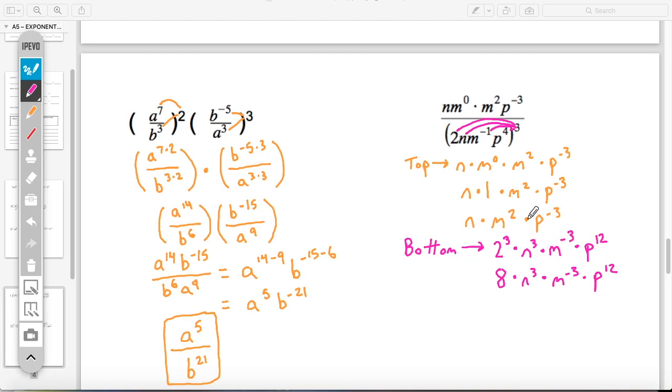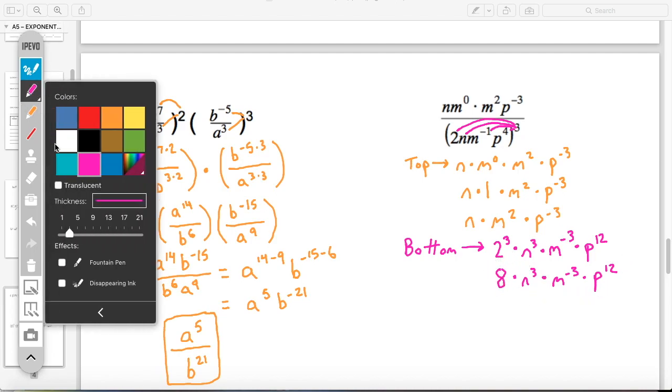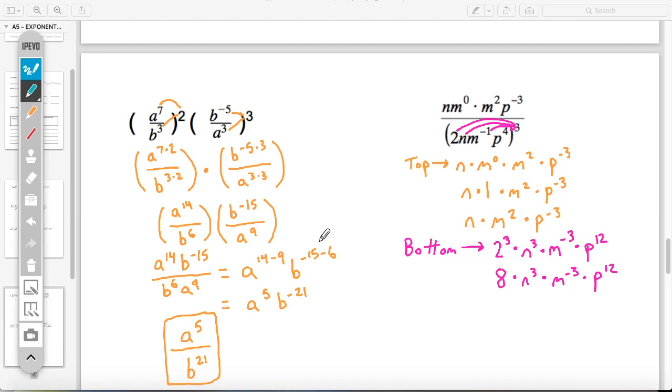Okay? So now I have my top simplified, and I have my bottom simplified. So I'll just rewrite everything. So I have n times m squared times p to the negative 3, all divided by 8 times n cubed times m to the negative 3 times p to the 12th.